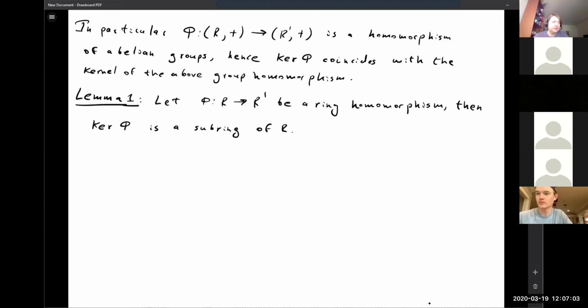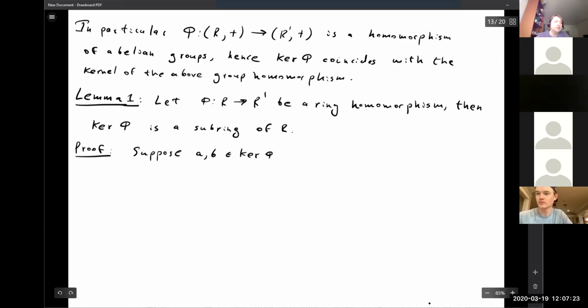Now, to prove this lemma, we basically have to prove that the kernel is closed under addition and multiplication. So this is very much similar to what we did with groups. Suppose A and B are elements of the kernel of this ring homomorphism. Then first of all, phi of A plus B is the same as phi of A plus phi of B, 0 plus 0, because both are in the kernel.